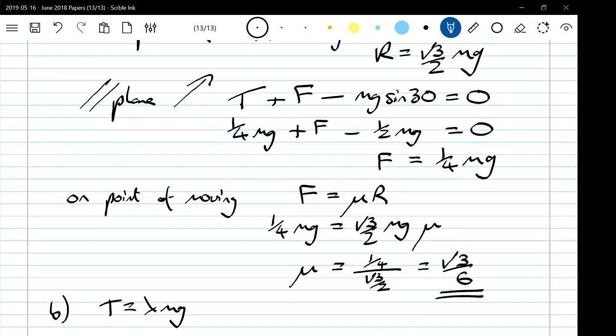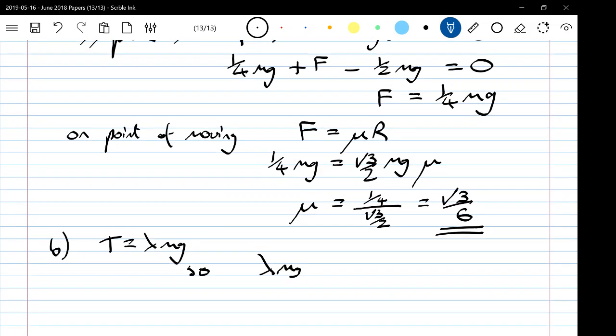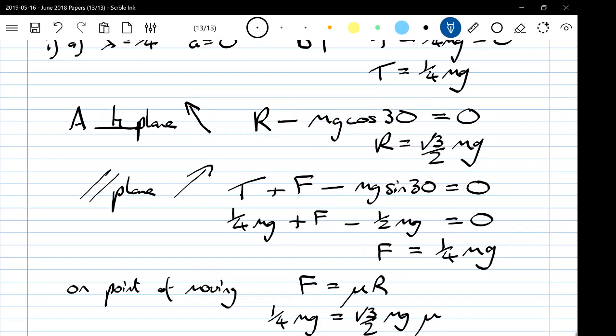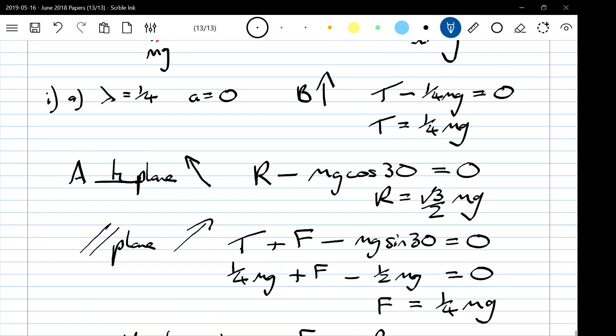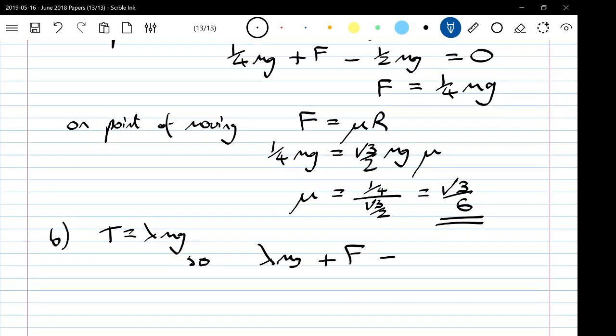That then gave us, when we looked at the parallel to the plane equation, lambda mg plus F minus, now the mg sine theta, that didn't rely on it at all, did it? Nope. So minus a half mg was equal to 0 at that point.